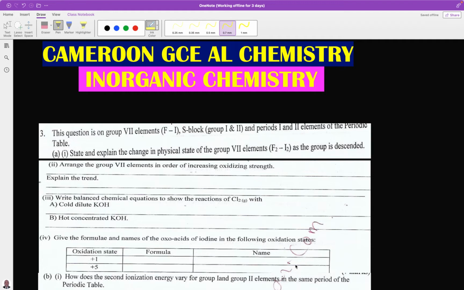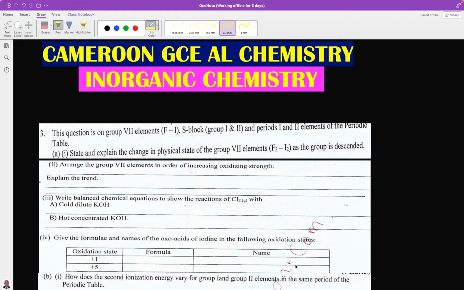Okay, now in group 17, what was formerly called group 7, that is from fluorine to iodine, we have been asked to state and explain the change in physical state. The physical states are liquid, solid, and gases.